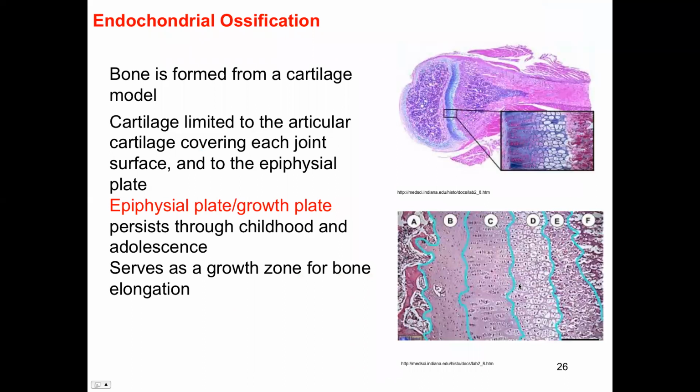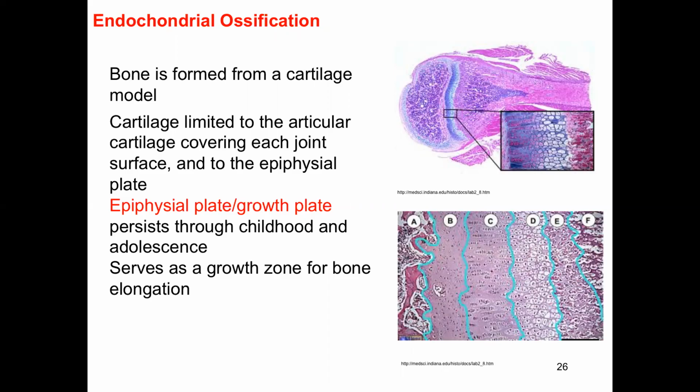Now, the other type of bone formation is called endochondral ossification. Chondro always implies cartilage, so that will help keep you straight when you're studying. Basically what's happening with this kind is that first you have a cartilage model, and then that becomes ossified.